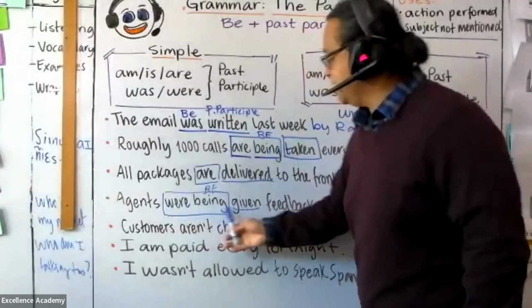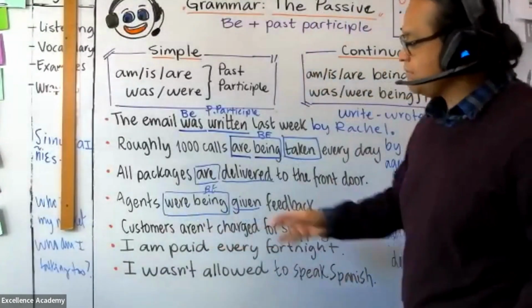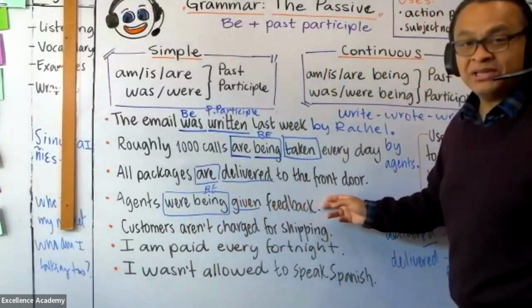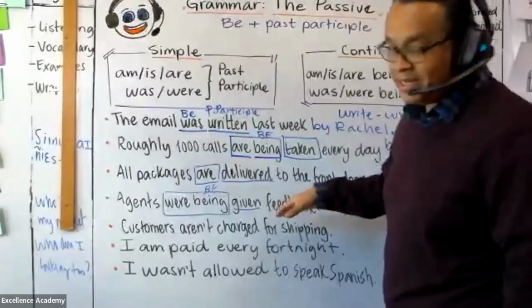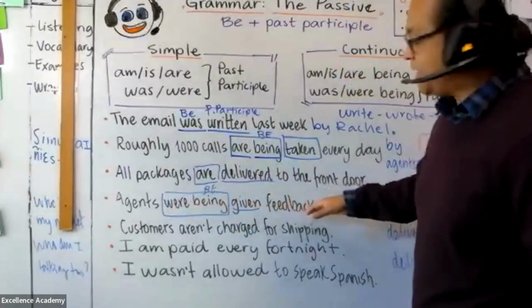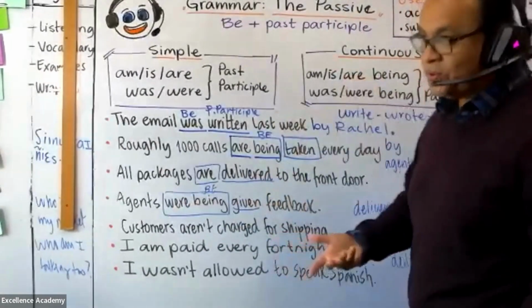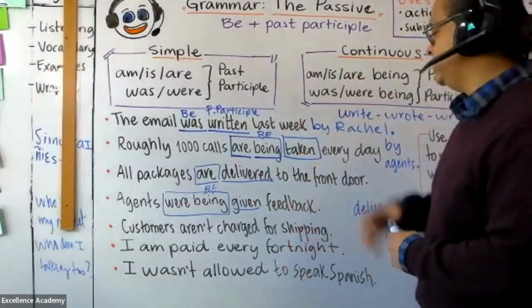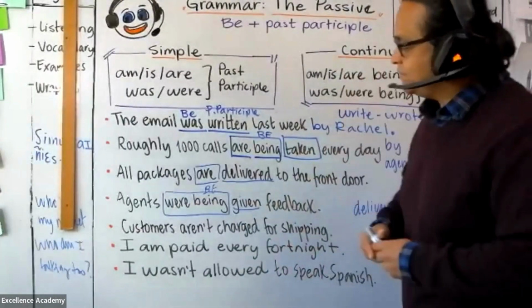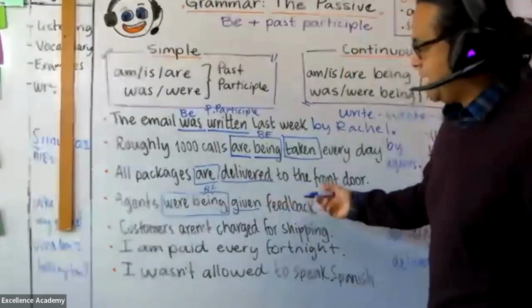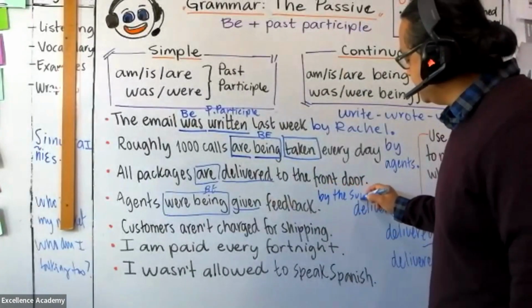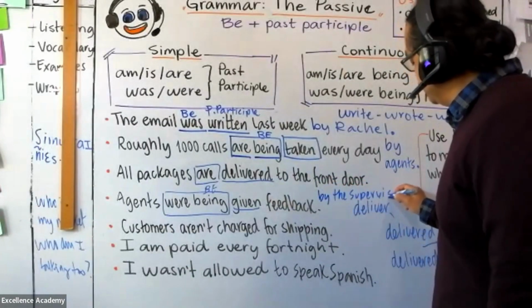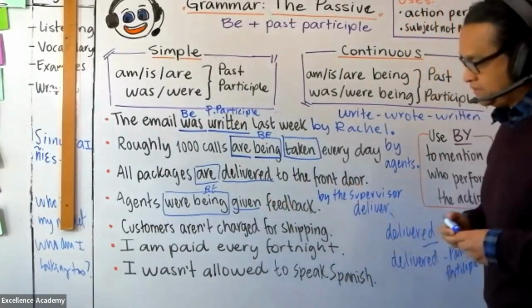So agents were being given feedback. Now, if we do need to mention who is performing this action, it's not necessary if we know who we're talking about, but if people don't know who we're talking about and it's necessary for them to understand for the purpose of context, then we could say it was given by the supervisor, for example. Okay, so we could mention that extra piece of information.